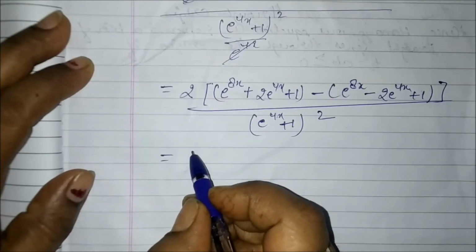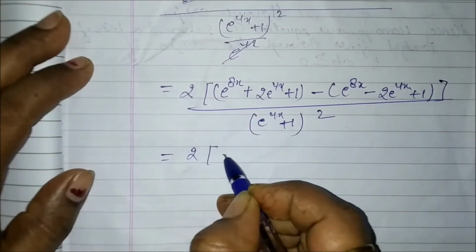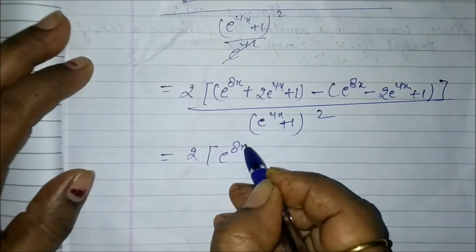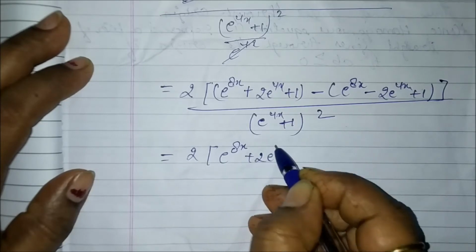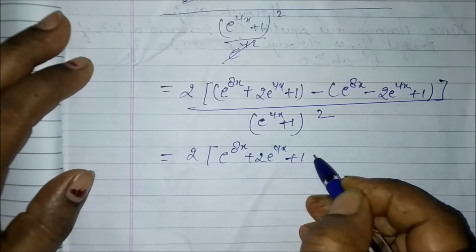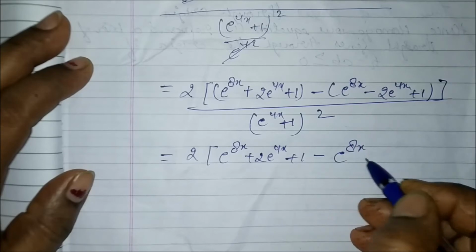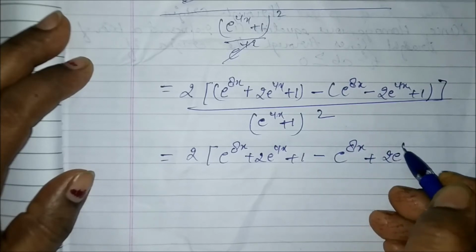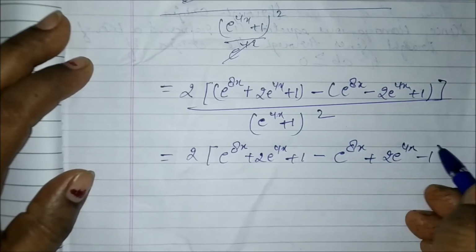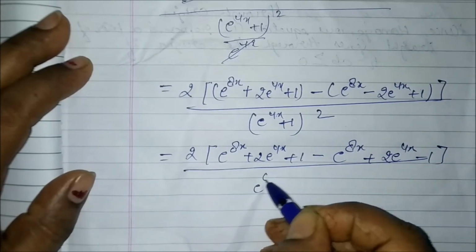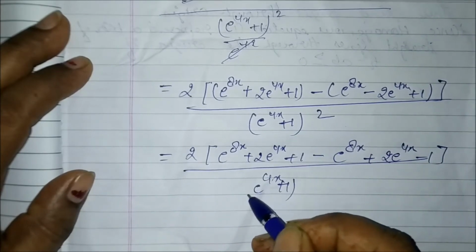Now 2, opening this bracket, e raised to 8x plus 2 e raised to 4x plus 1 minus e raised to 8x plus 2 e raised to 4x minus 1 upon (e raised to 4x plus 1) whole square.